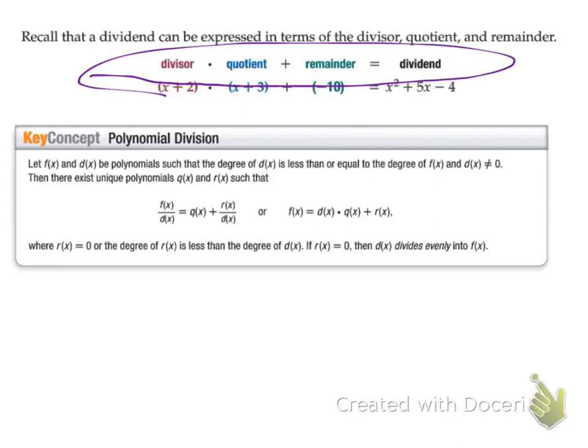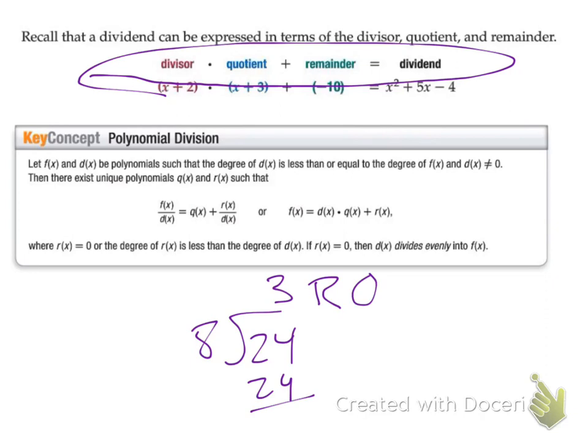So this whole idea, guys. Now, wait a minute. If I change this problem to say 8 divided into 24, your answer is 3, remainder 0, because 24 is 0, right? There's no remainder. And if there's no remainder, 8 and 3 are what of 24?